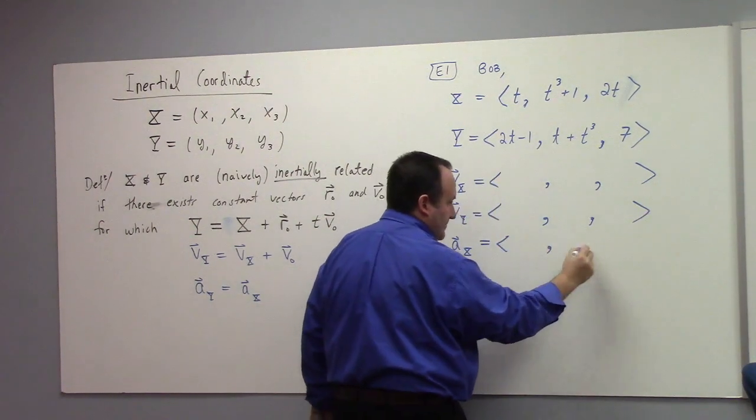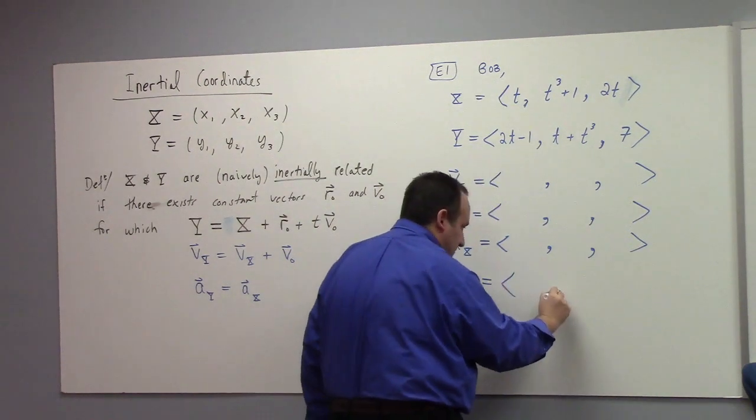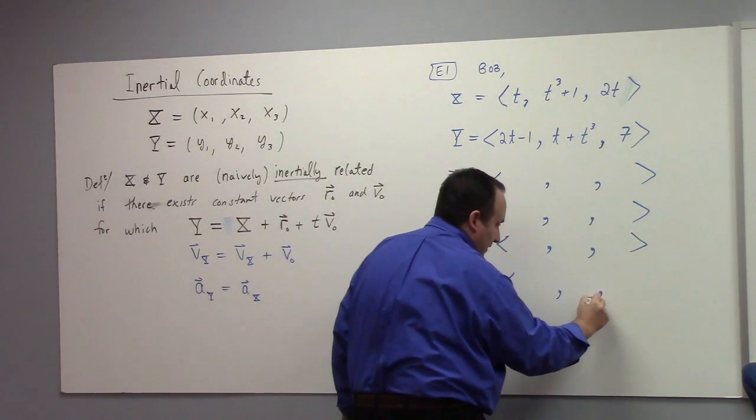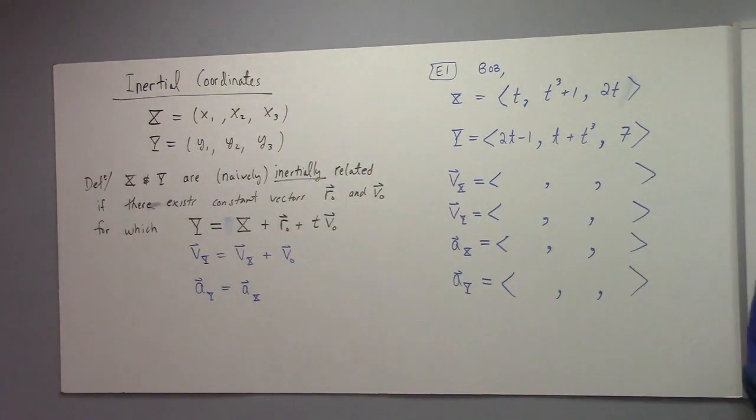And then once you do that, tell me whether or not it's possible that x and y are inertially related coordinate systems. So by the time I walk back to the back door and close it and get back to the board, you should have done these differentiations. They're not complicated.